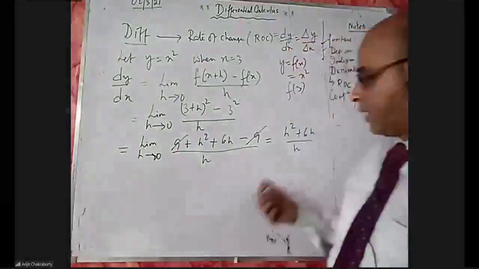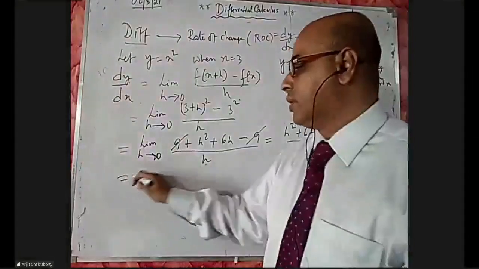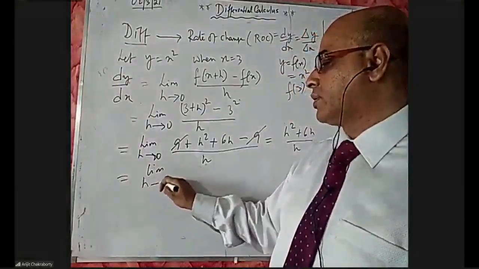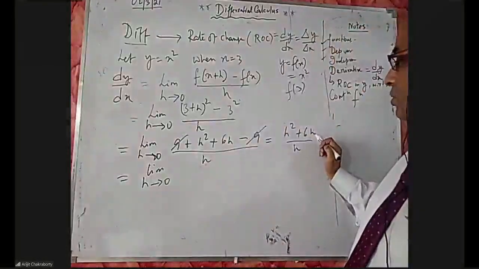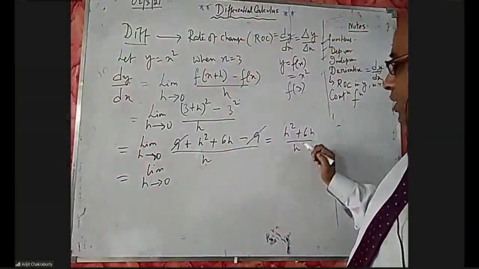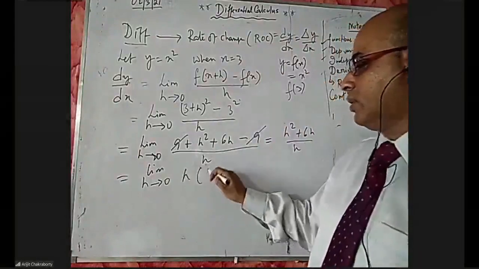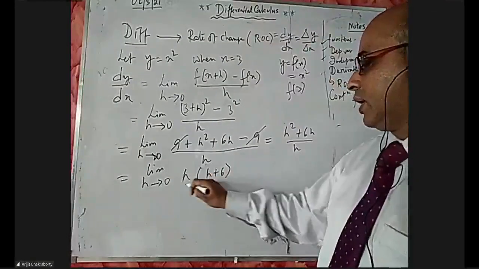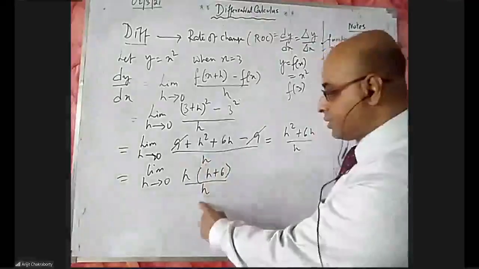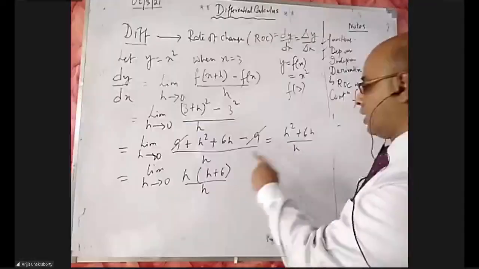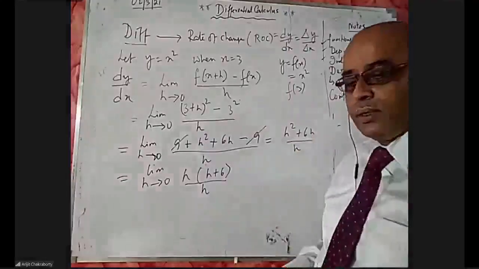Or I can write it like this: limit h tends to 0, h square plus 6h by h. So if I take h common, I get h plus 6, and below also I get h. This h is here, and if I take h common from here, I get h plus 6.